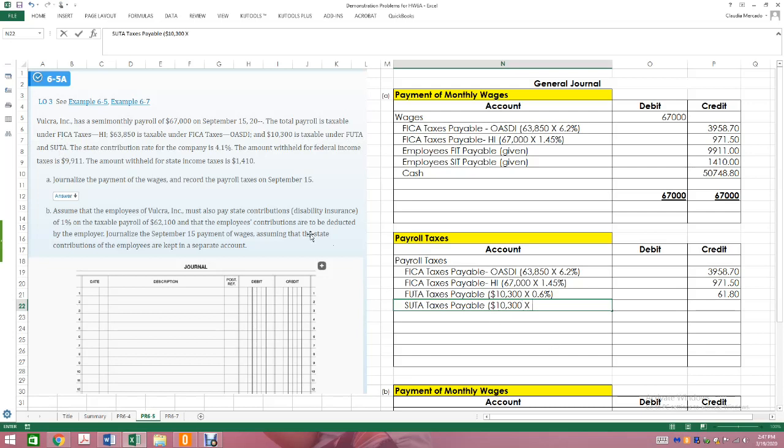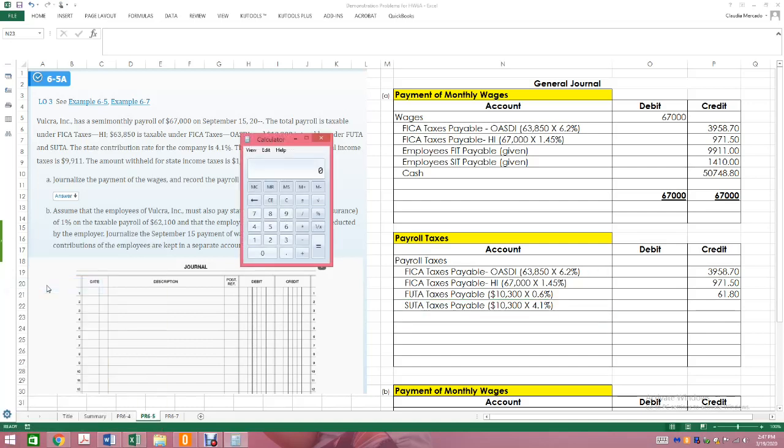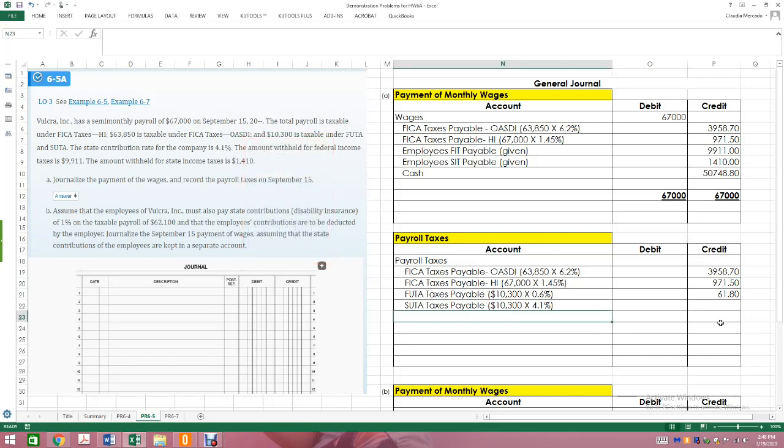And it tells me that my SUTA rate is 4.1%. So let's get our calculator out. And that's going to be 10,300 times 4.1%. That's going to give me $422.30.